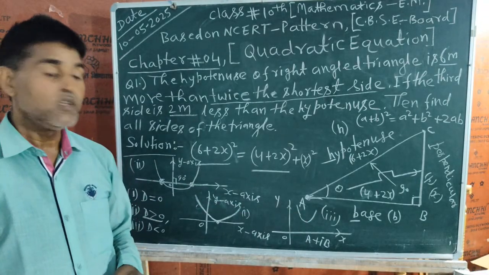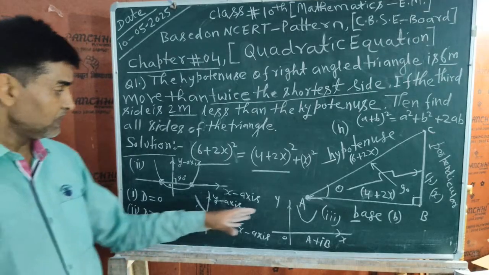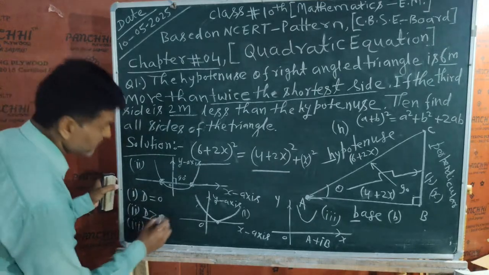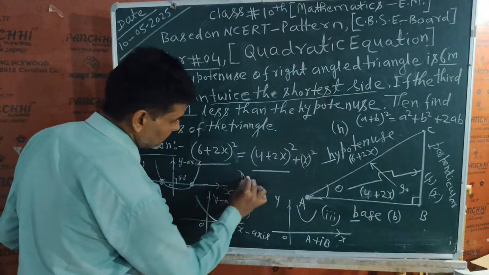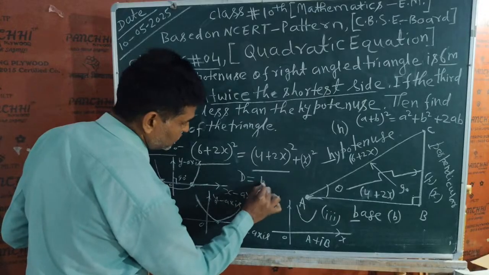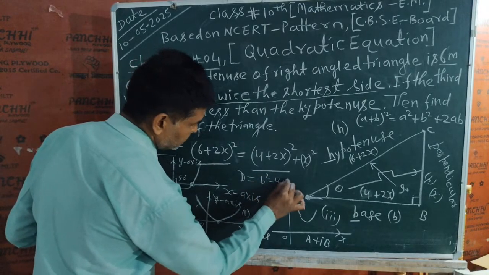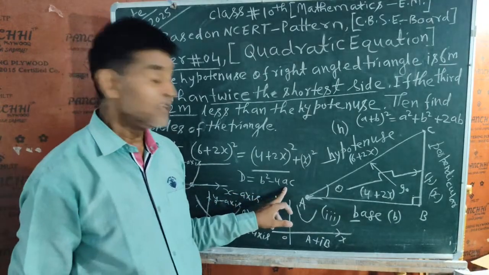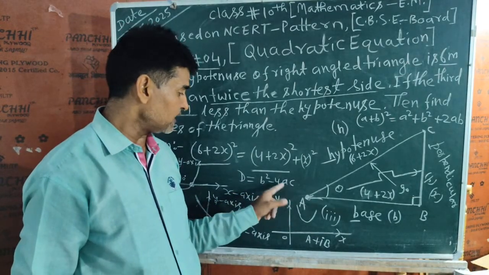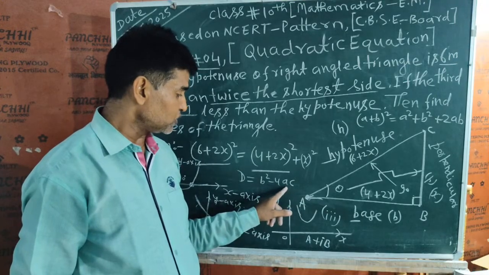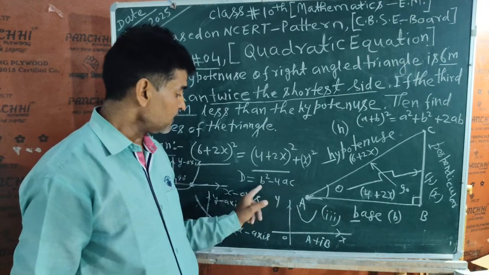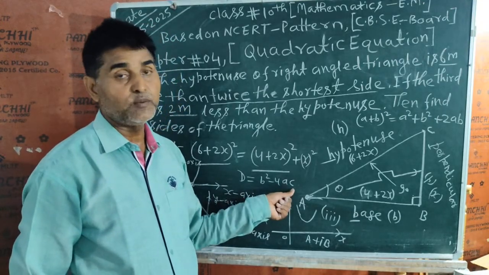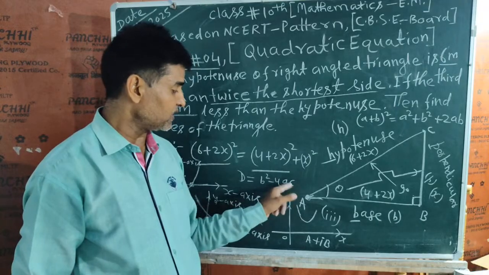Each and every student has to know in detail that the value of the discriminant is D equals b square minus 4ac, where a is the coefficient of x square, b is the coefficient of x, and c is the constant term in the general quadratic equation.